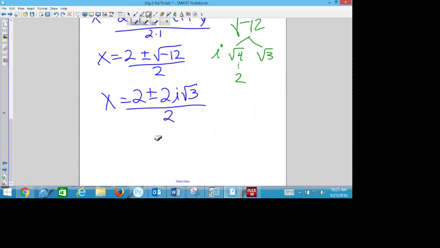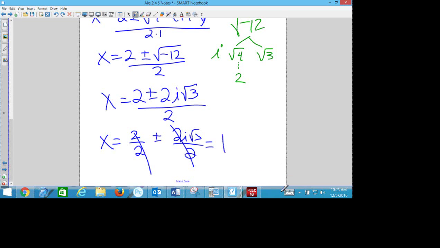Can you write it as 1 plus or minus? Yes, I'm going to do another step. In order to simplify it, the bottom 2 has to divide both terms on top. It can't just divide one of them. So we'll do 2 over 2 plus or minus 2i radical 3 over 2, and then those 2's will cancel. But they don't disappear.